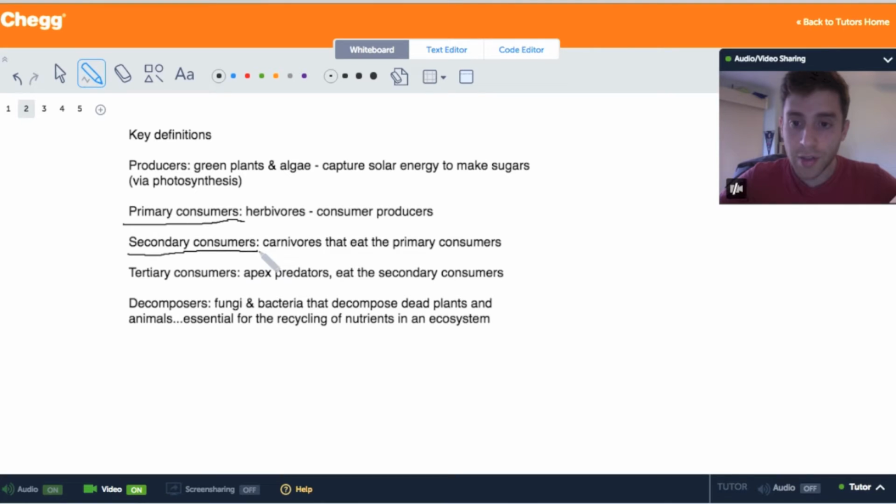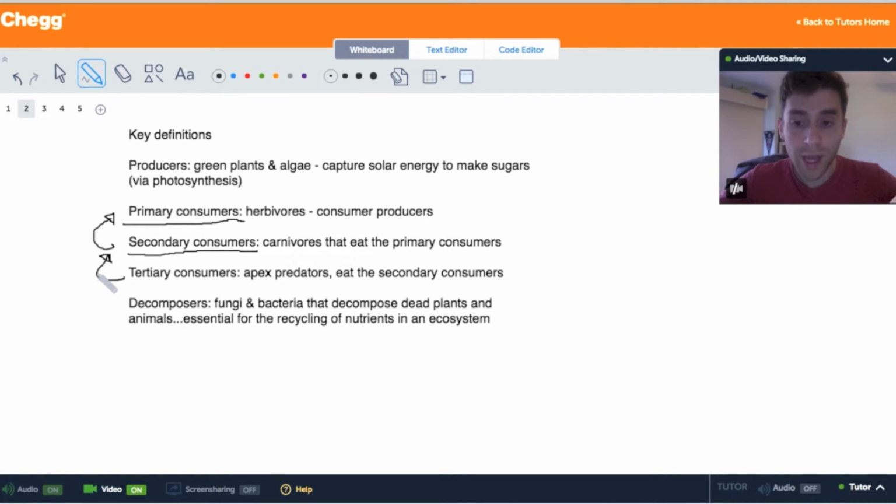So secondary consumers are the carnivores that eat the primary consumers. And tertiary consumers are the apex predators, the top of the food chain that eats the secondary consumers. Lions, cheetahs, leopards, all of those. And then we have decomposers, which consist of just fungi and bacteria that decompose dead plants and animals.